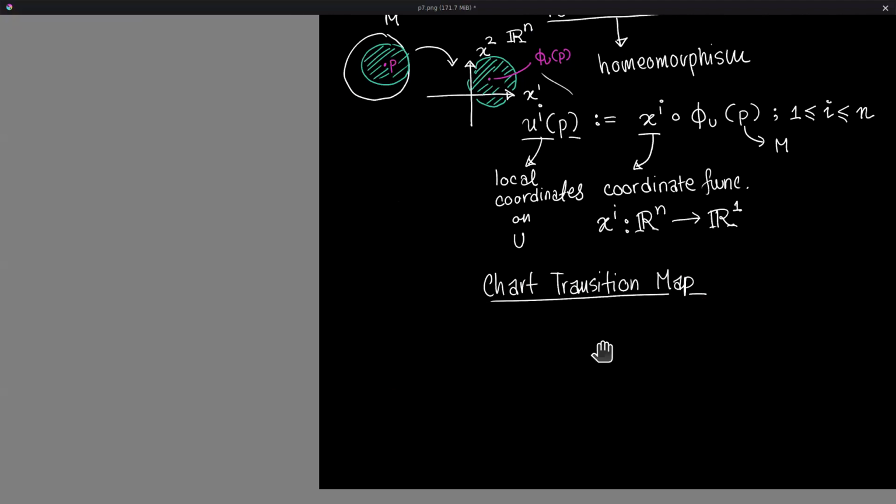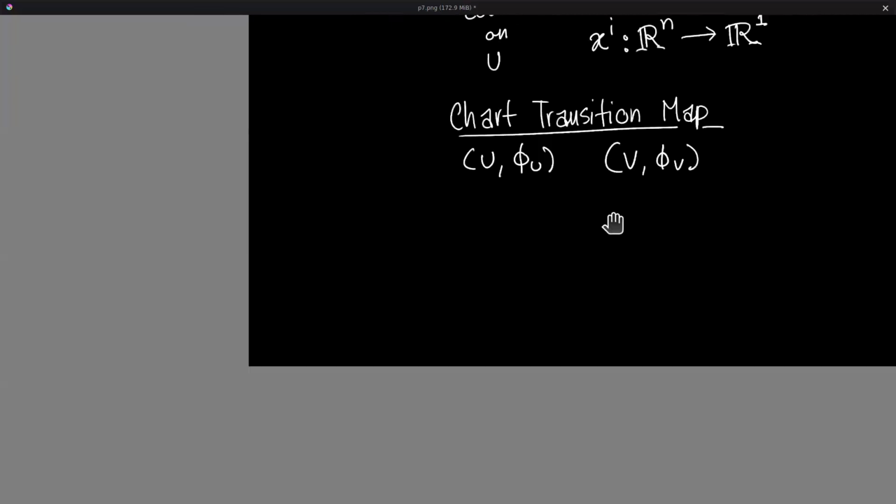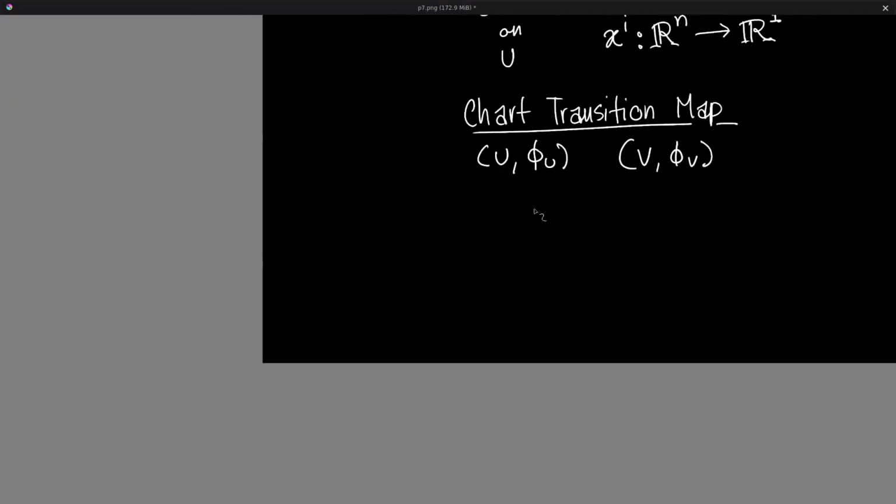So very simply, you have two coordinate charts, and we then define a map, phi uv, we'll call it, and this goes from Rn to Rn.